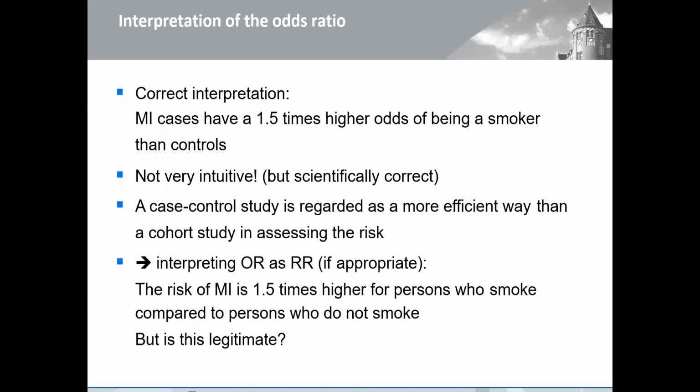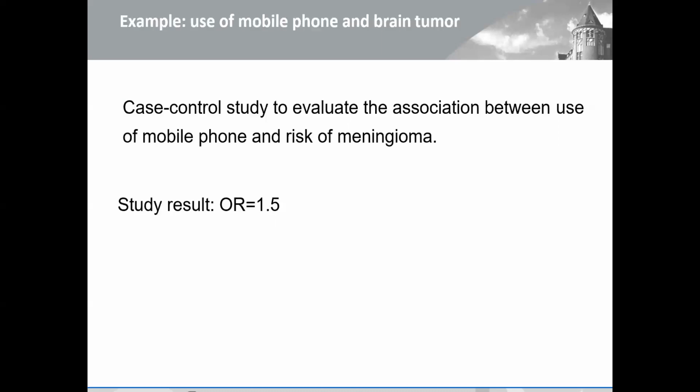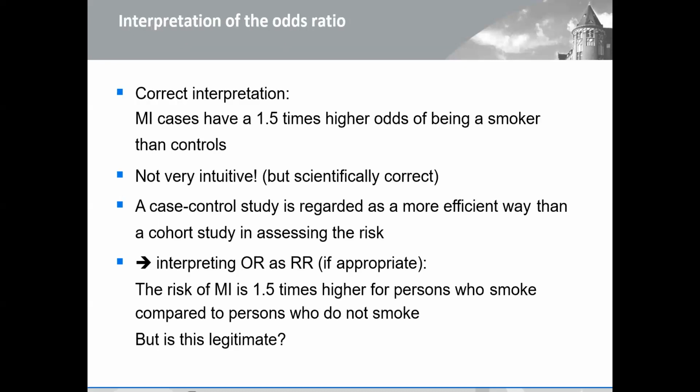This is a wrong example, but let's assume it was the risk of mobile phone among meningiomas. Meningioma cases have 1.5 times higher odds of using a cell phone than controls.